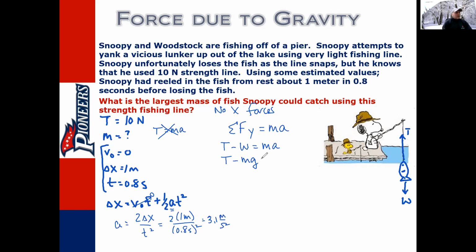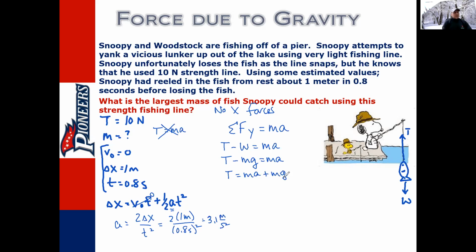Substitute in, how do we calculate the weight? Well, it's m times g. Now you see you have two m's. So what did you learn in math class when you're solving for a variable, but it's in two places? You got to get them together. You got to combine like terms. So I need to bring the mg to the other side to make it mg on this side.